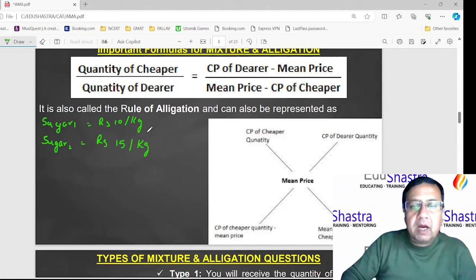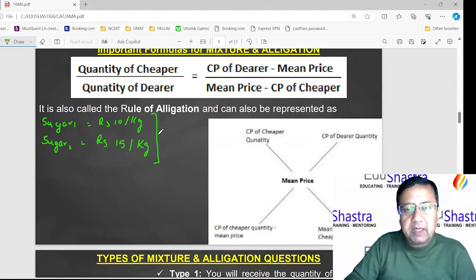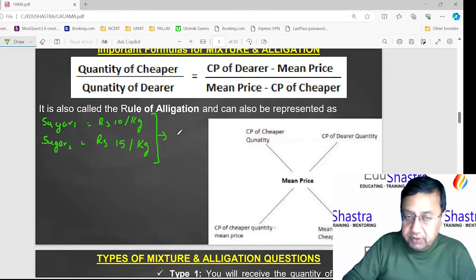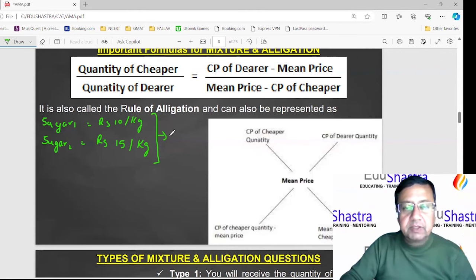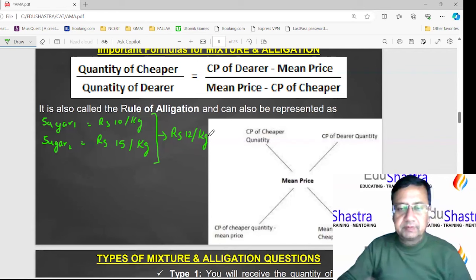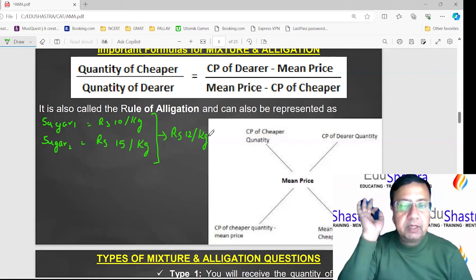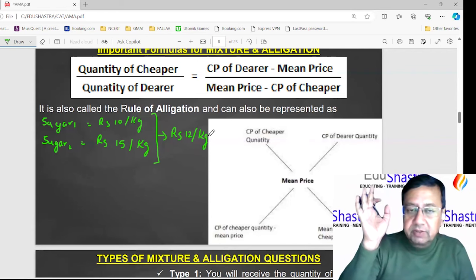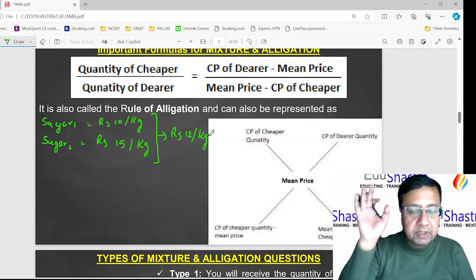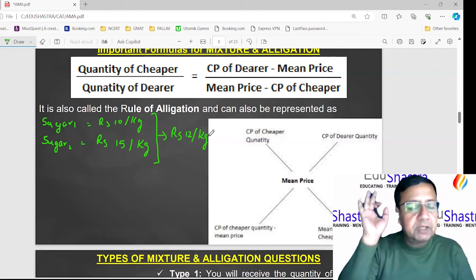Okay, I am mixing these two different types of sugar, and I want the mixture, after the mixing, to be at rupees 12 per kg. Okay, so tell me how much quantity or how much ratio I should take for the first one and how much I should take for the second one.